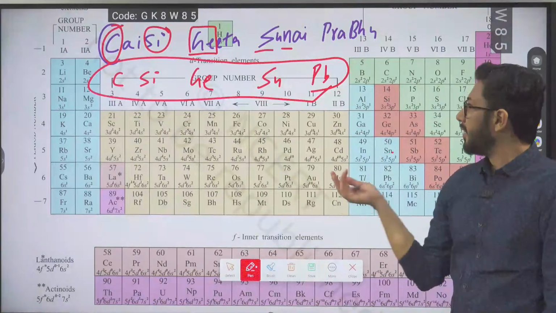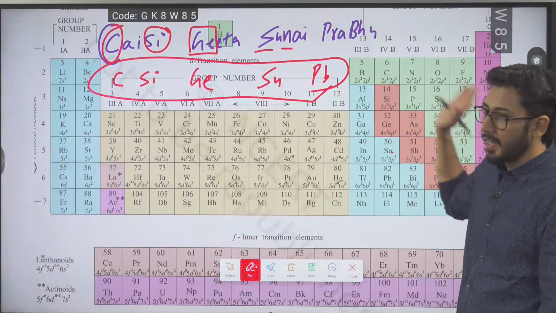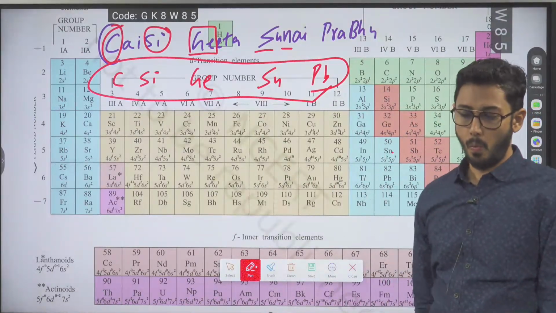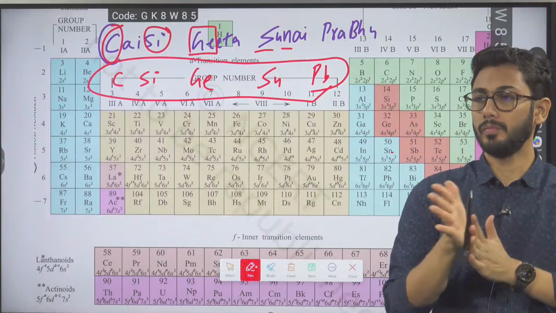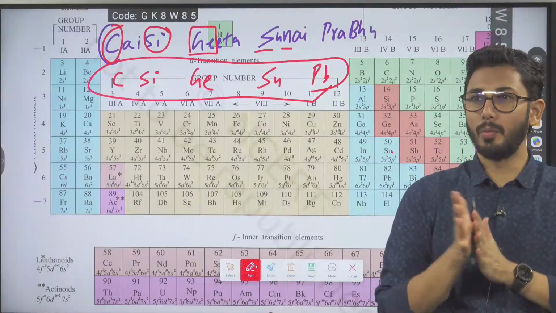ठीक है. Then group 15 नाइट्रोजन फैमिली. Let's see how many of you are able to recall.